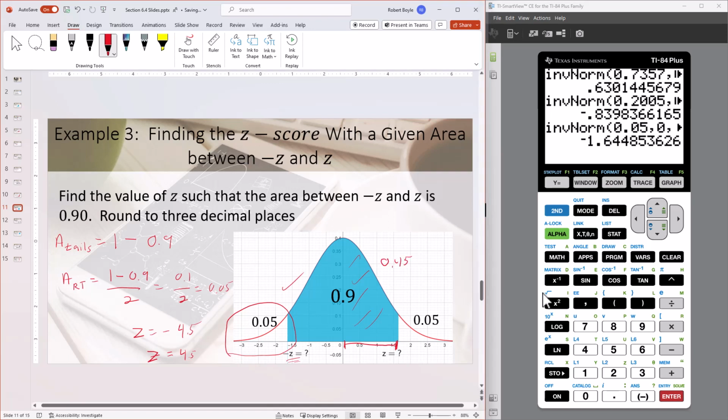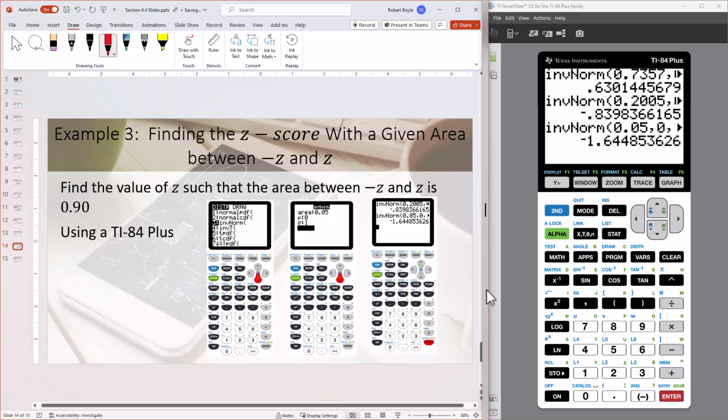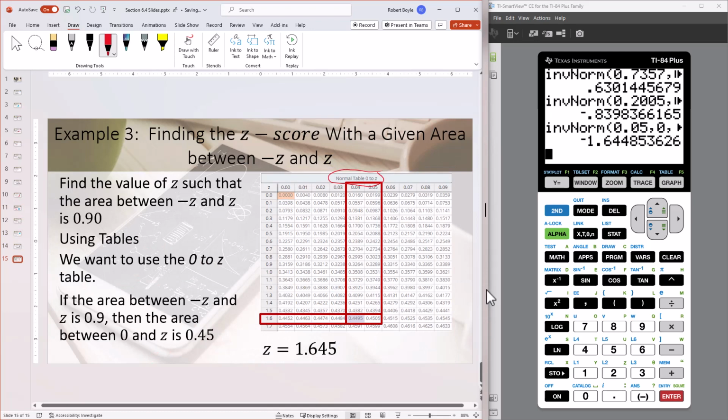So if we're going to use the tables that go from 0 to z, this is the area that we're looking for. If you go down here, we'll realize that we can't find that particular value. But notice that this is below it by 0.005, and this value is above it by 0.005. That means the z-score in the middle is the one we want.